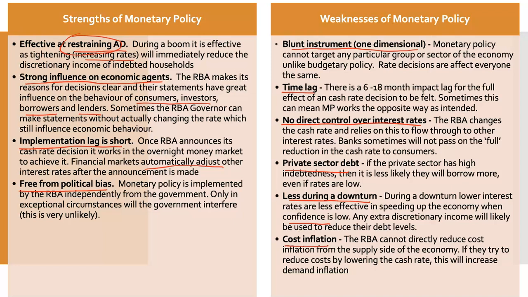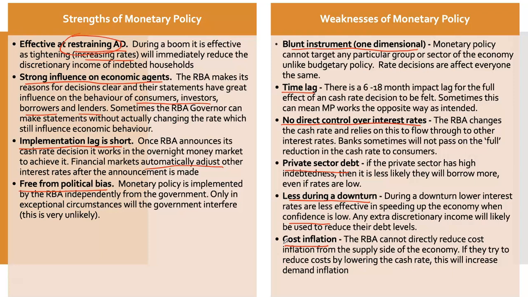Also, the RBA really has no direct ability to reduce inflation that is due to cost inflation. So remember, higher demand can lead to higher inflation. But if there are supply factors impacting the cost of production, this will also increase inflation. And this has definitely been happening at the moment due to supply chain issues, COVID, lots of reasons why the cost of production is rising.